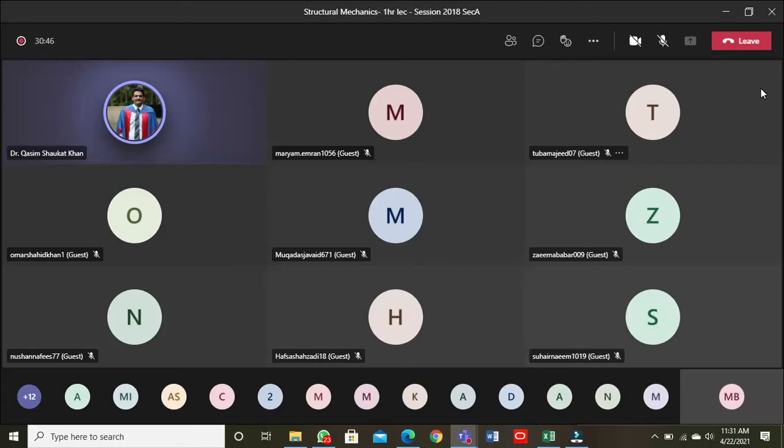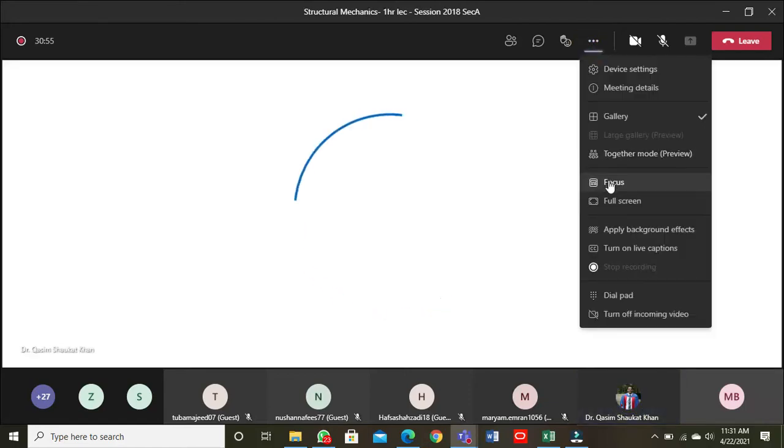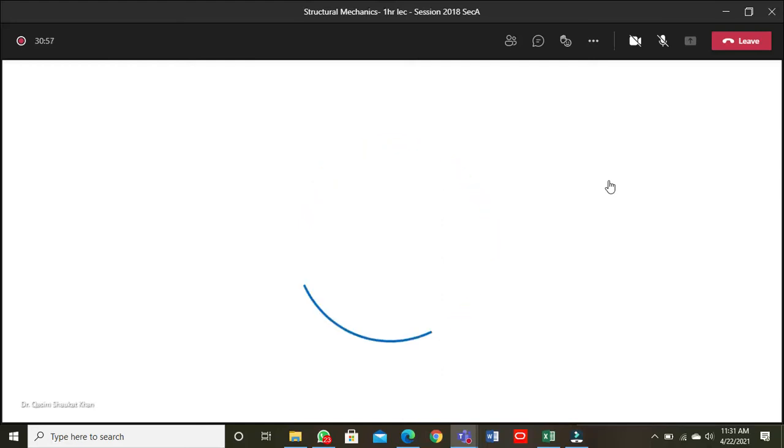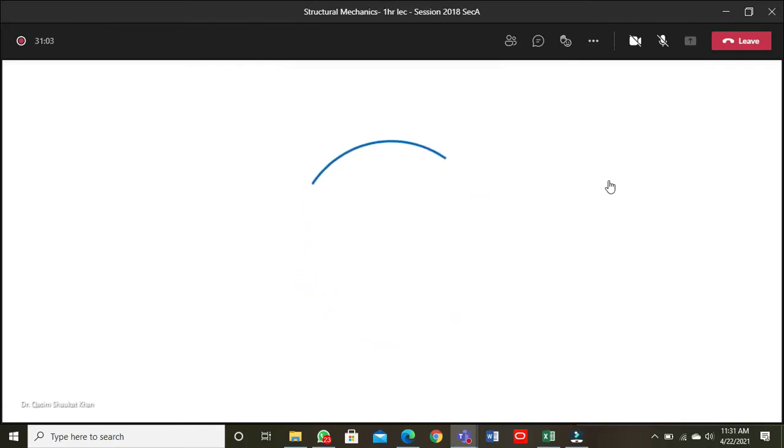You can also draw the figure so that everything is clear for you. It's just downloading. I think we did not delete the figure last time. Yes, that's why it is taking time.